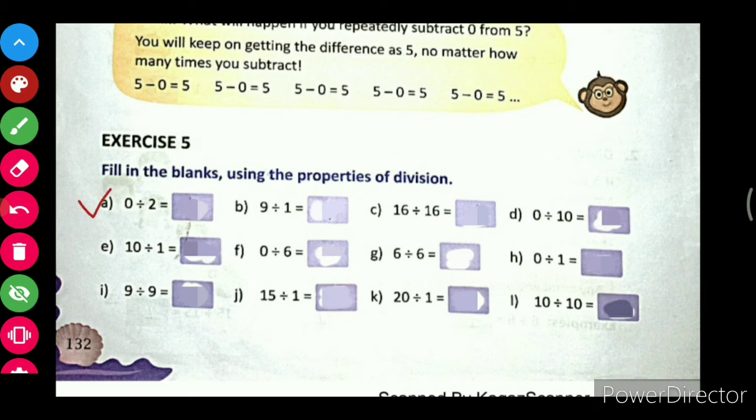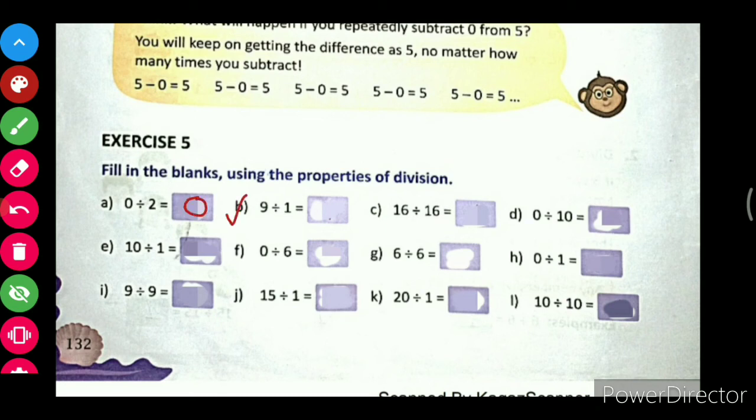See the first one, 0 divided by 2. Just imagine 0 sweets are there and you divide them among 2 children. Each child will get how many sweets? 0, right? Our third property says that when 0 is divided by any number, the answer is always 0.